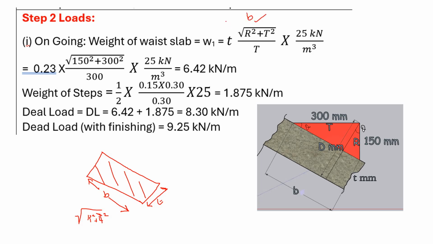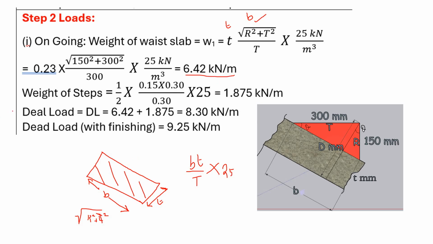This is B, this is T, and you divide it by the tread, that is 300, to get it in kilonewton per meter. So B into T divided by T is the formula used here, and you multiply it with 25 kilonewton per meter cube, which is the density of the RCC. So after doing all the calculation, you get 6.42 kilonewton per meter.